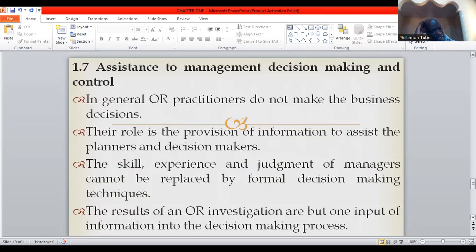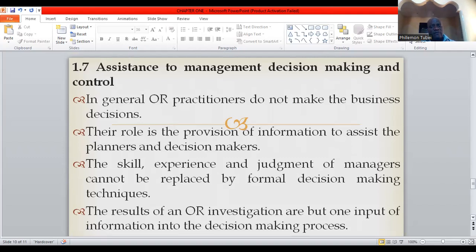Now, we want to look at assistance to management, decision-making, and control. In general, operation research practitioners do not make the business decisions. These are just practitioners. They are experts. They are consultants.